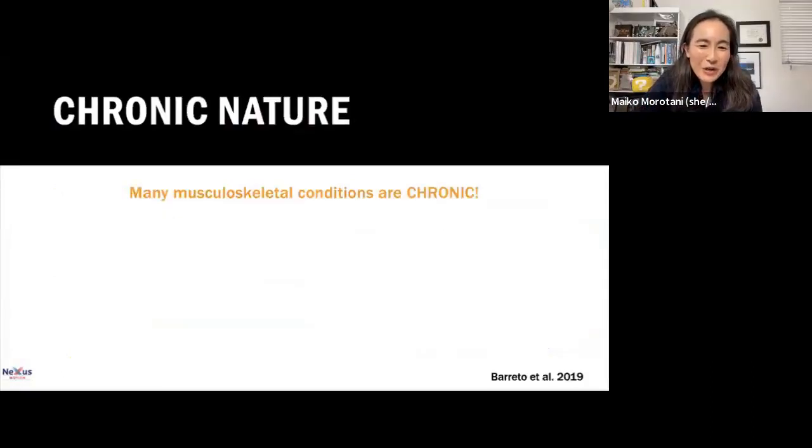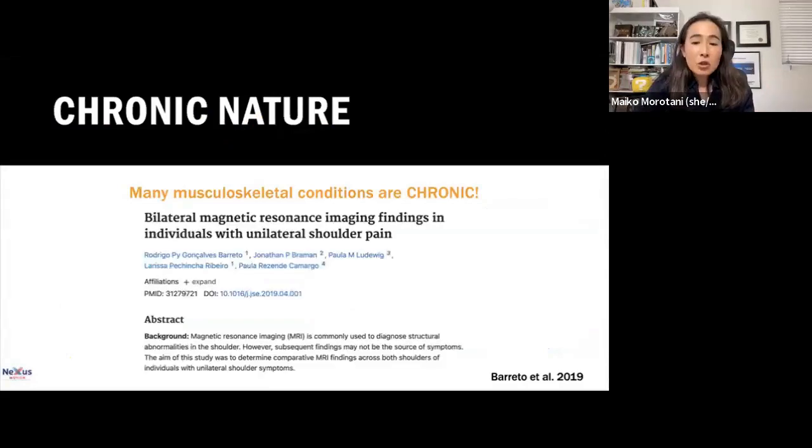This slide, I just want to paint the picture for the fact that we have some evidence and that many of the musculoskeletal conditions are chronic. They took 123 individuals from the community who self-reportedly said, I have pain in just the one shoulder.